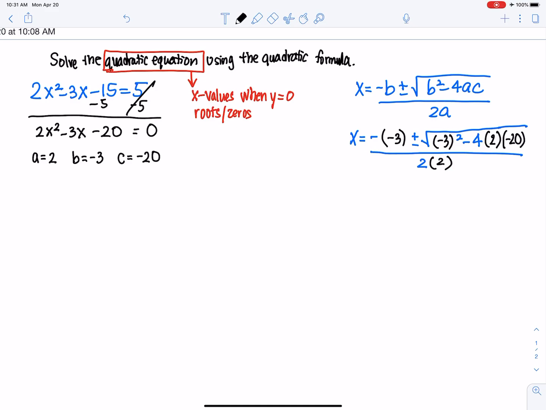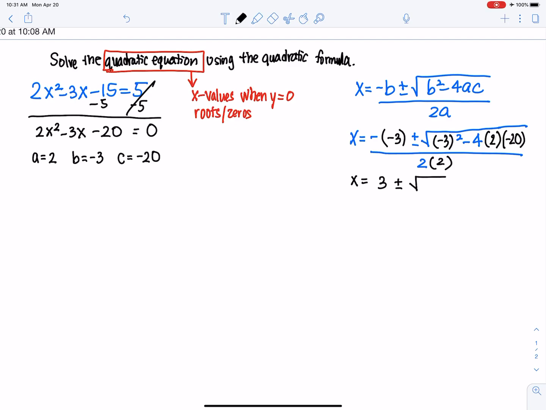So when you simplify this, here we have negative times negative 3, and that's a positive 3, plus or minus square root.